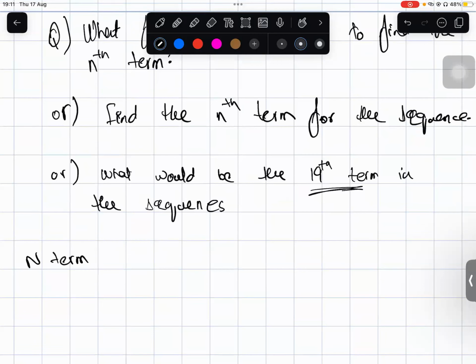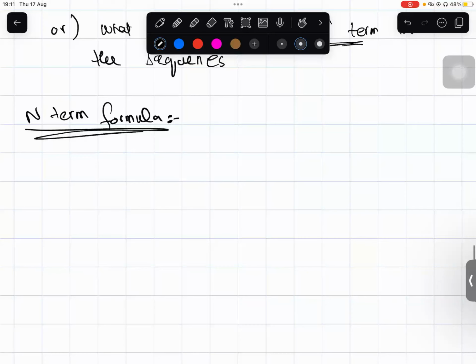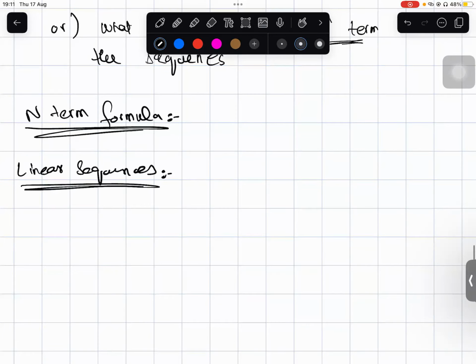Now let's talk about how we are going to approach these problems, the n-term formula. When we're talking about linear sequences, because we are doing those for now, you've got two basic steps and you'll have your answer.